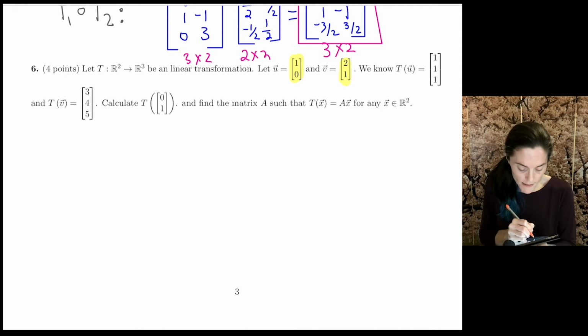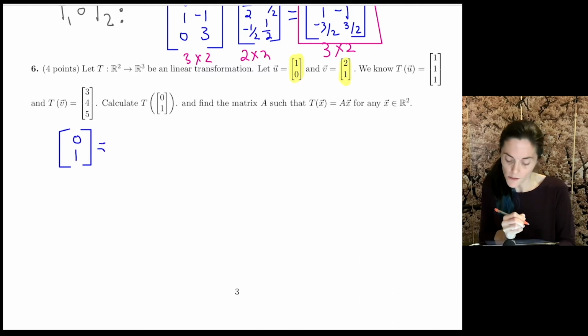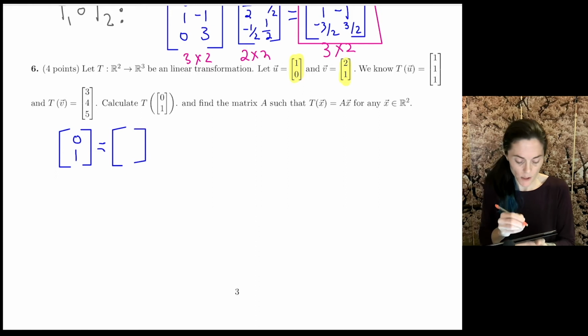So let us note that this, which is E2, equals, let's see, it is this vector, which is 2, 1, minus 2 times this vector, which is 1, 0.